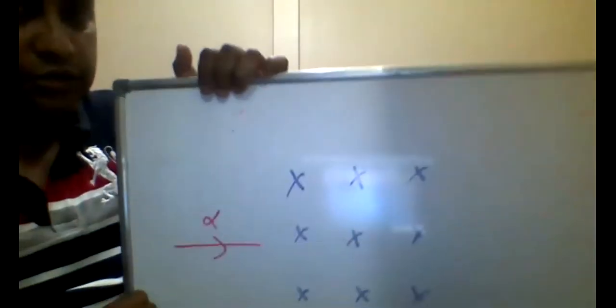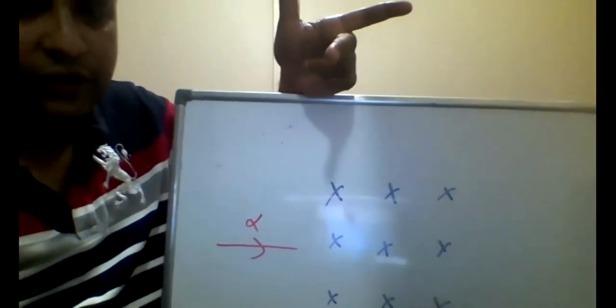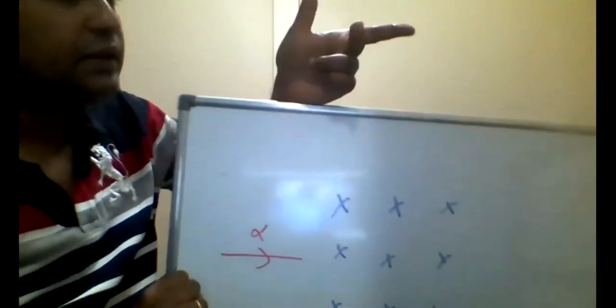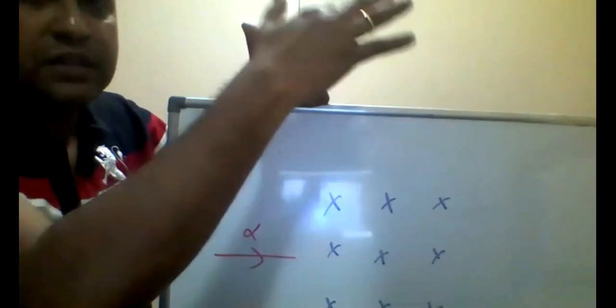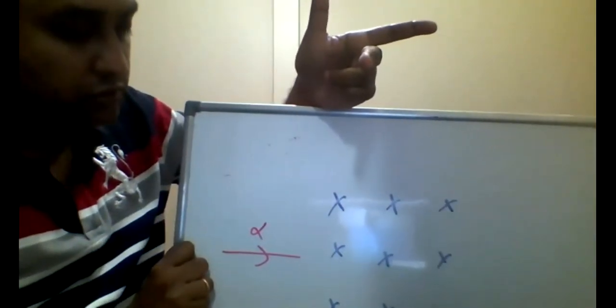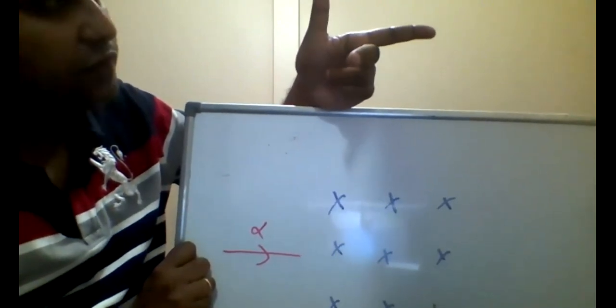This one shows the magnetic field. What do you have to do? You have to use your Fleming left-hand rule. If you remember, force, magnetic field, current: FBI.